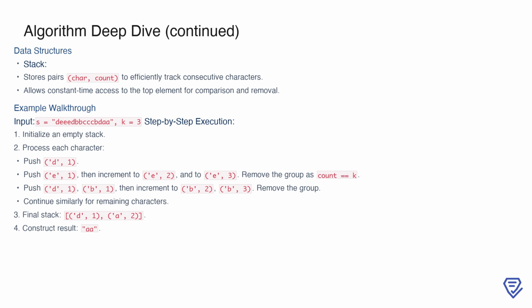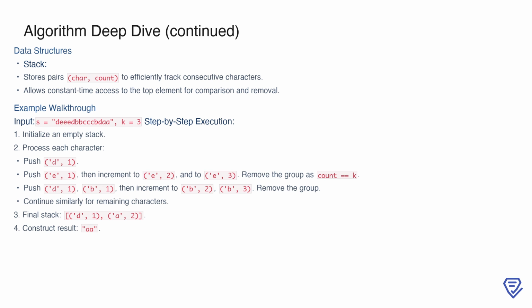Then, for the next 3 es, we increment the count to e3 and remove the group since the count equals k. We continue processing, pushing new characters or incrementing counts as needed. After processing all characters, the stack contains d1, 2. From this, we construct the resulting string by repeating each character based on its count, giving us AA as the final result.